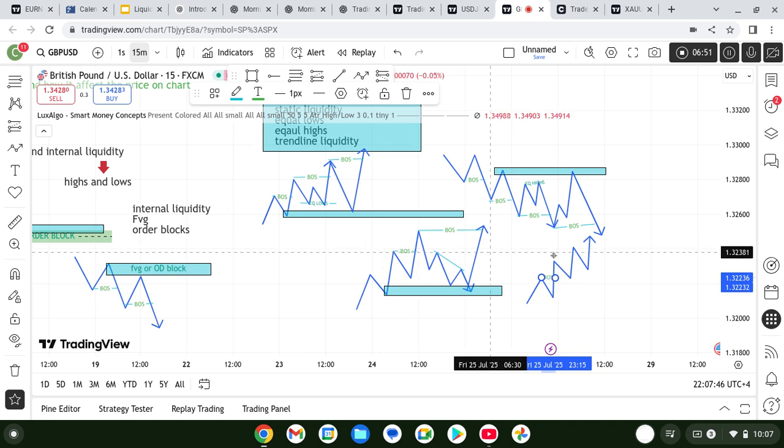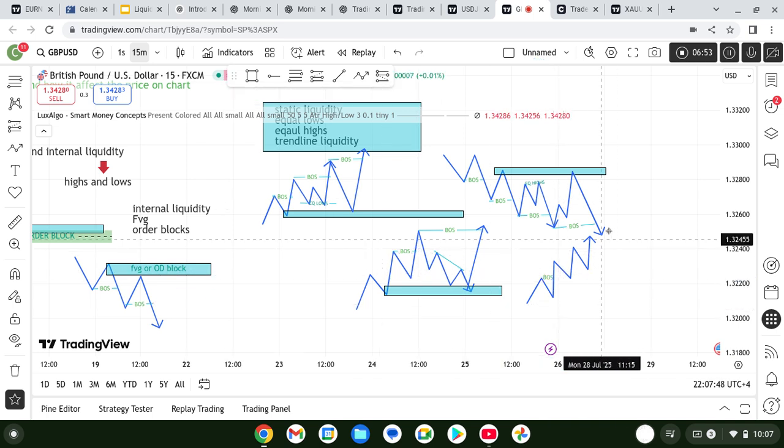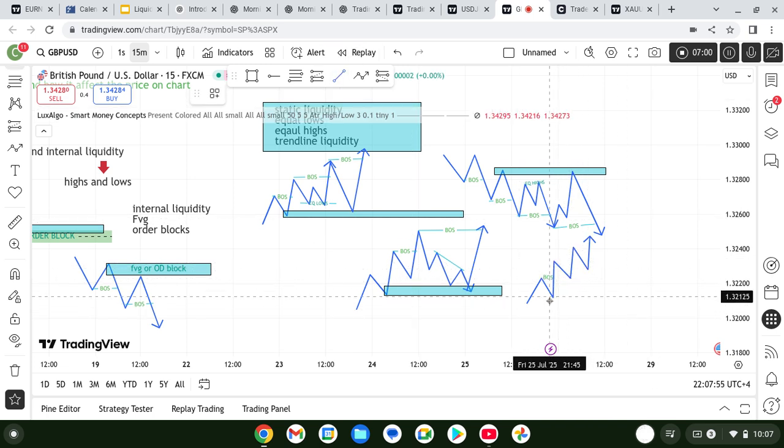When they come on these equal lows, it might look like this.